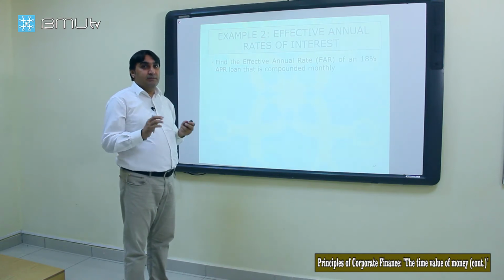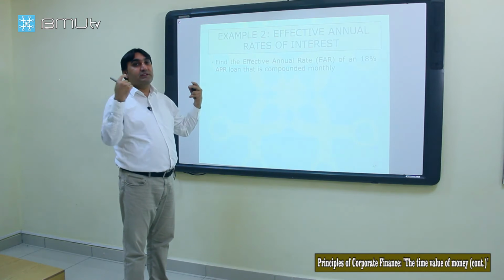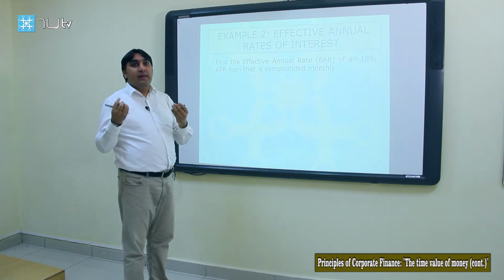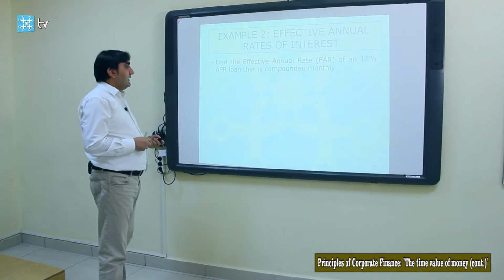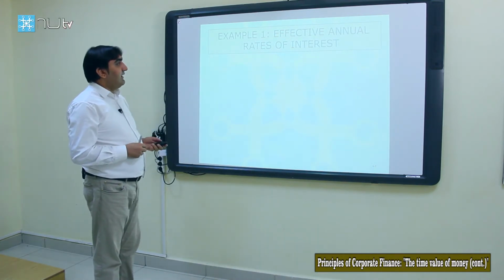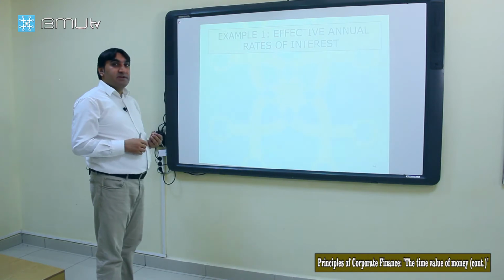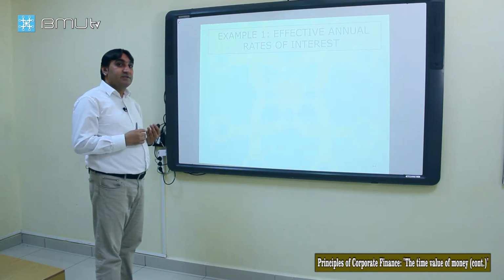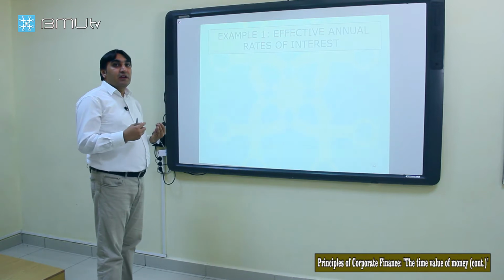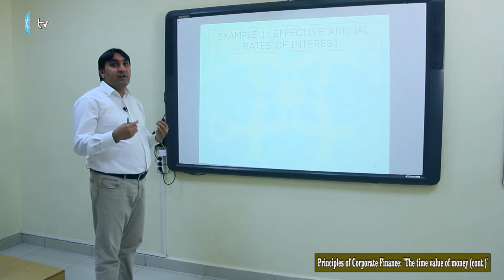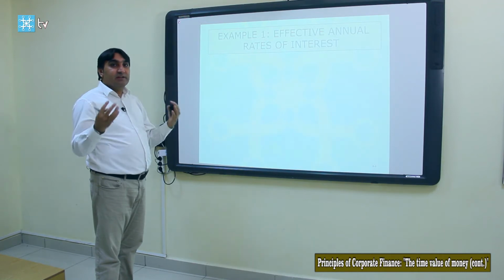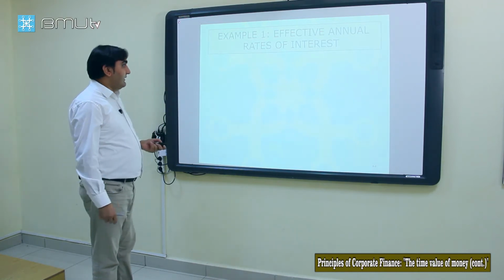If you borrow assuming you are borrowing at 12%, the actual effective rate is higher than this rate. That's why central banks require financial institutions to release effective rates, to release how much the final cost to the borrower will be.